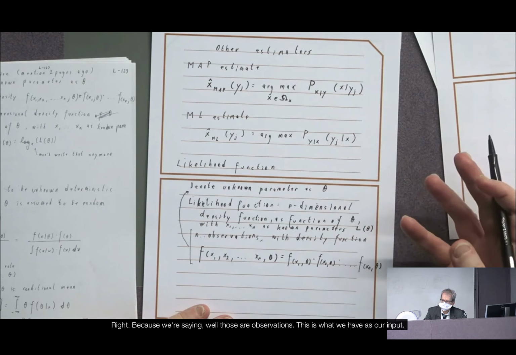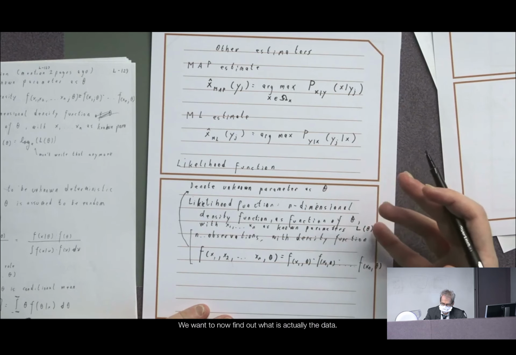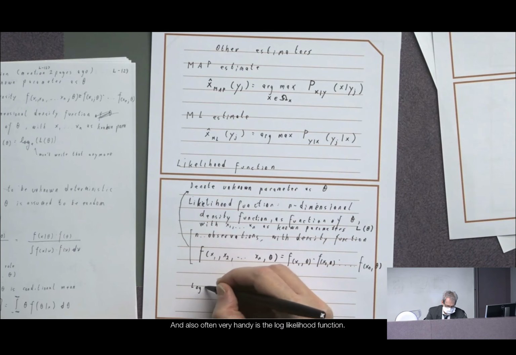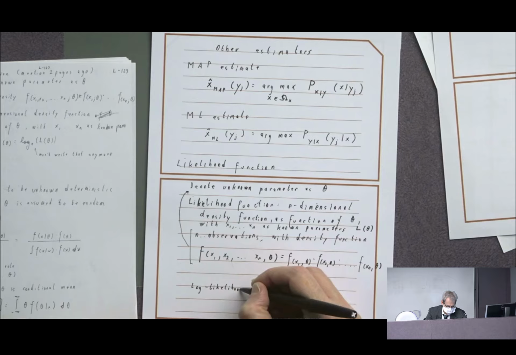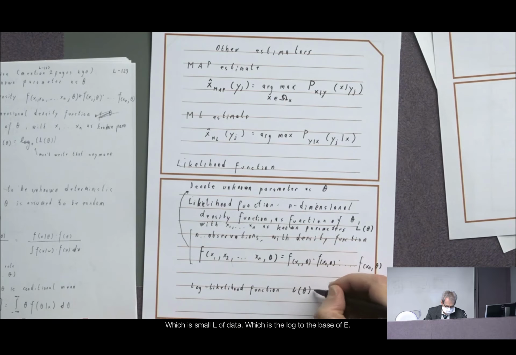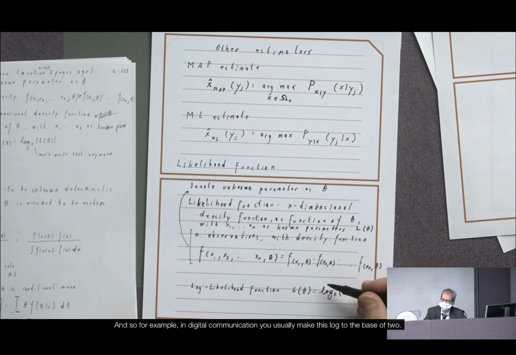Because we're saying, well, those are observations. This is what we have as our input. We want to now find out what is actually the theta. And also, often very handy, is the log likelihood function, which is small l of theta, which is log to the base of e. We can define it for other logarithms as well. And so, for example, in digital communication, you usually make this log to the base of 2. So in the future, I'm just going to write log, and you pick whatever base you want, of L of theta.